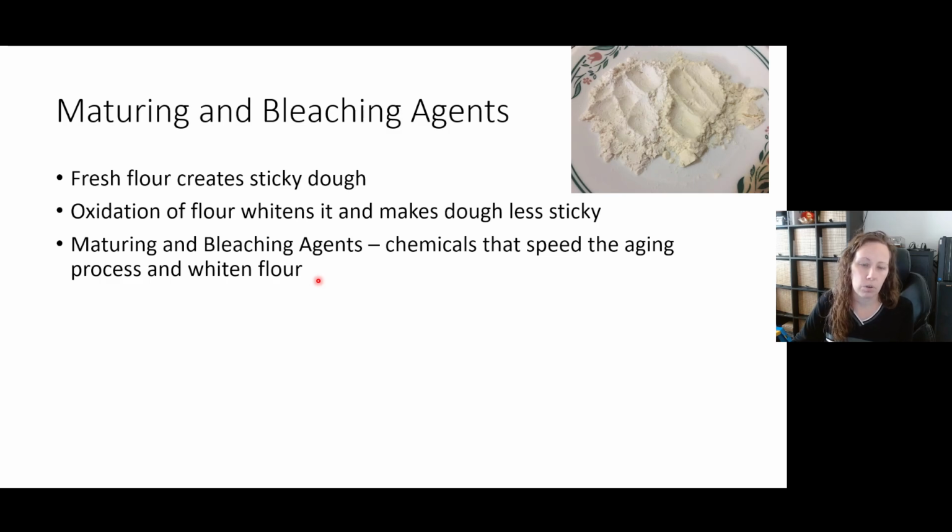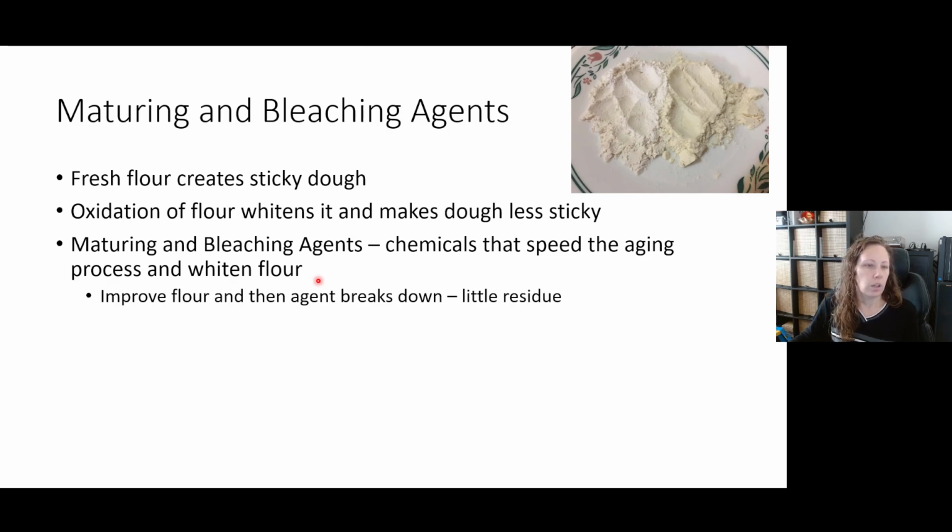And these are chemicals that speed up that aging process that manufacturers would have before they let consumers have the flour, but doing it chemically and making it go faster. So they don't have that loss in time and space. So what these agents do, they generally improve that flour, and then the agents break down.